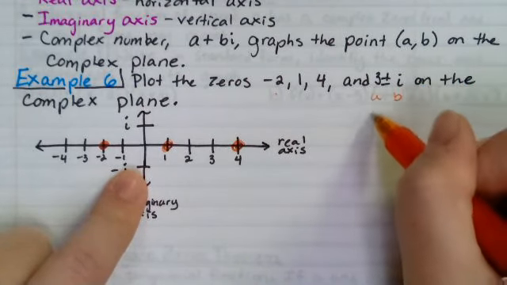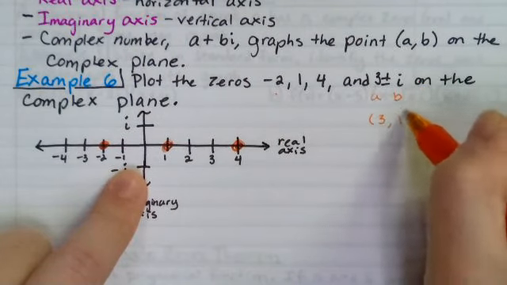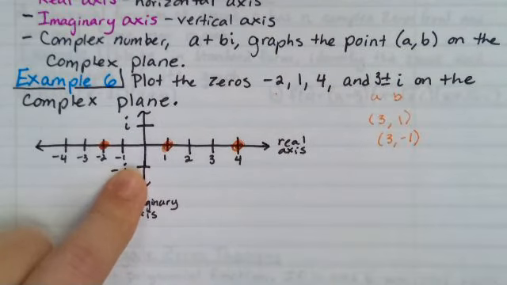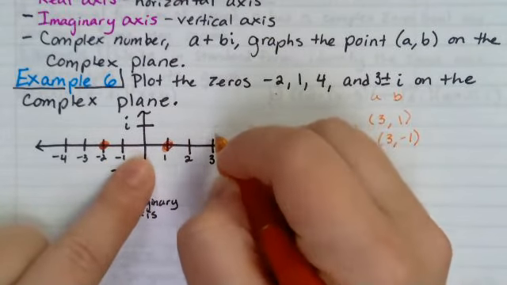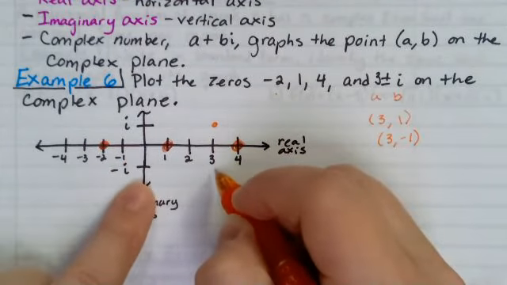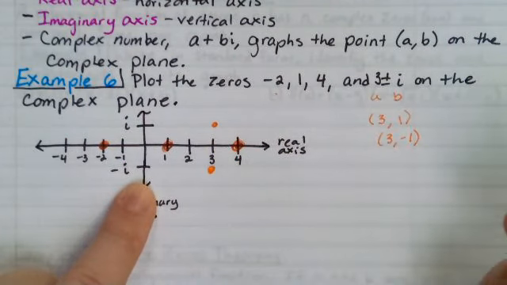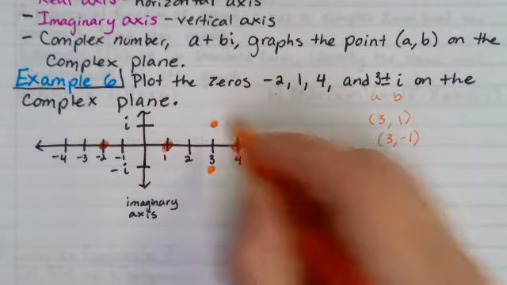So a is 3, and b is either 1 or -1. So let's go to where it says 3, and then we're going to go up to 1i, and then we're going to go down to -1i, and that would be it. So that's where all of our points would go.